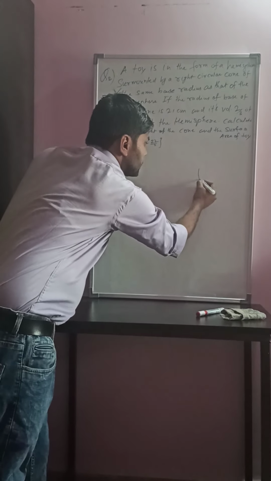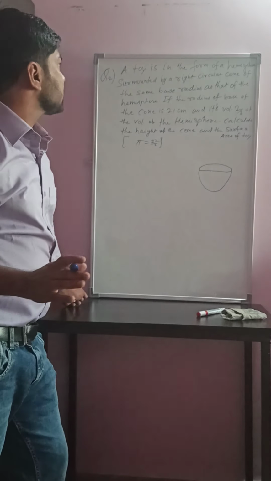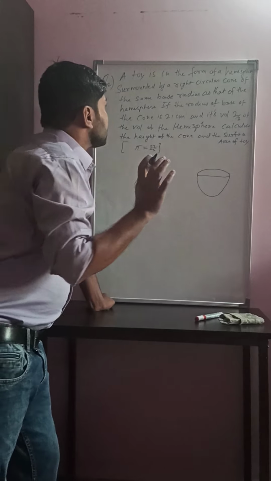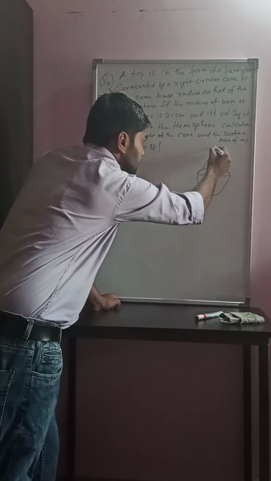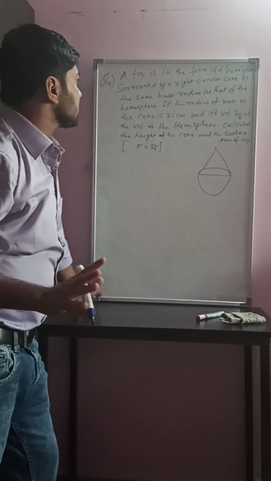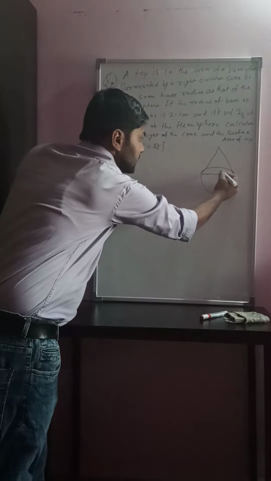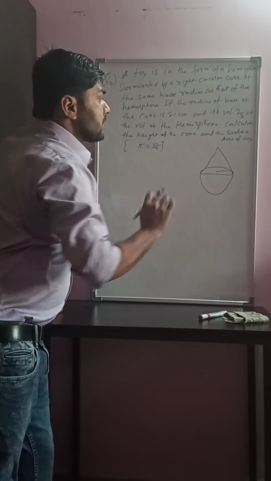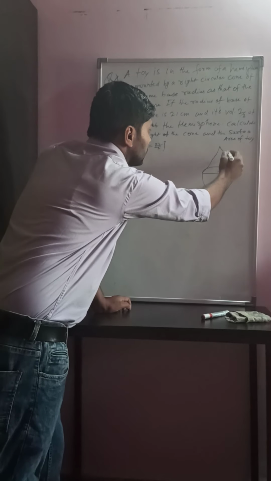We have this hemisphere, and over that it is surrounded by the right circular cone with the same base radius. Whatever the radius of this hemisphere is, the same is the radius of this cone.